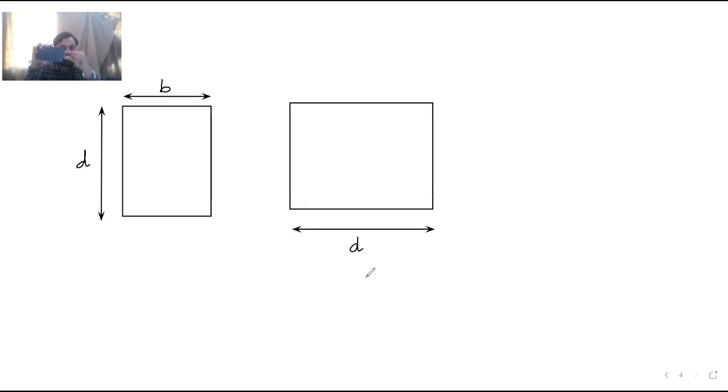Suppose in this portion a plate is connected. This plate is known as the anchor plate. The width of the anchor plate is nearly equal to the width of the beam, but the depth of the anchor plate is different from the depth of the beam. Why is the anchor plate included? To transfer the load evenly.